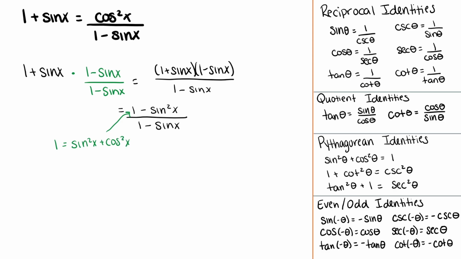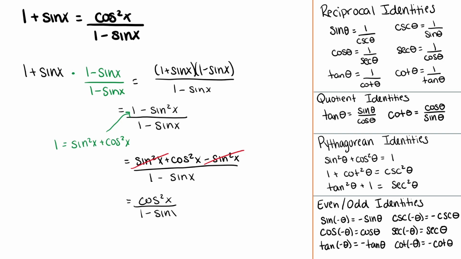So we can rewrite our numerator as sine squared x plus cosine squared x minus sine squared x all over 1 minus sine x. Now sine squared x minus sine squared x will cancel. So we're left with cosine squared x over 1 minus sine x, and that's exactly what we were looking for, and so we verified this expression.